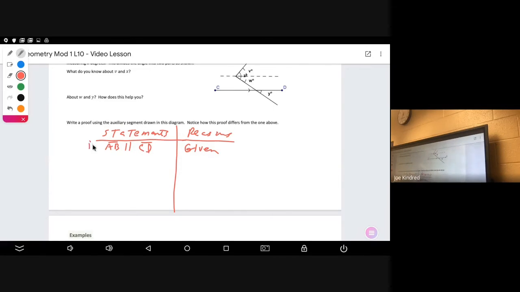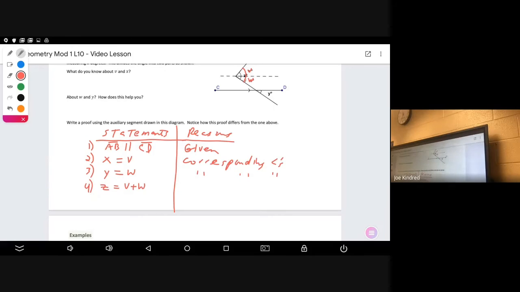Second statement, X, we'll call them X to save time, is equal to V. Angle X is equal to V, and the reason is corresponding angles. Reason number 3, Y is equal to W, the same reason. And then Z is equal to V plus W. Z right up here is equal to V plus W.